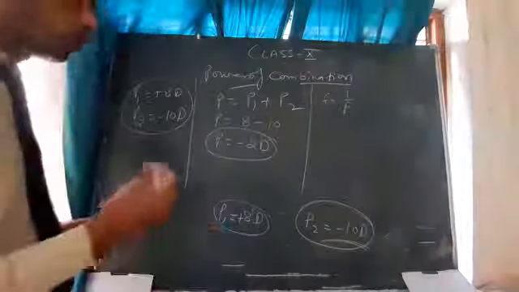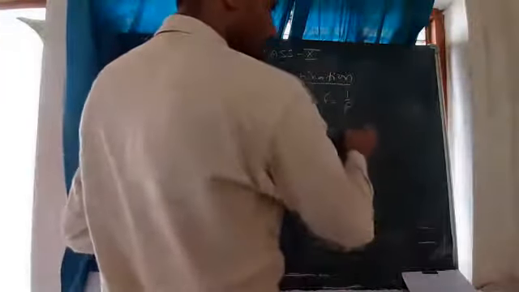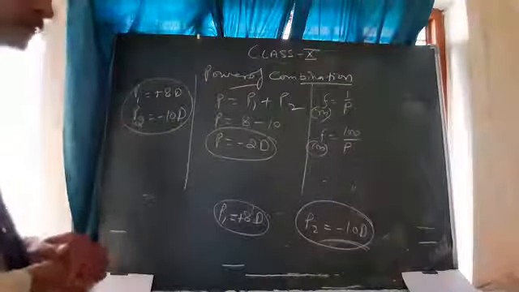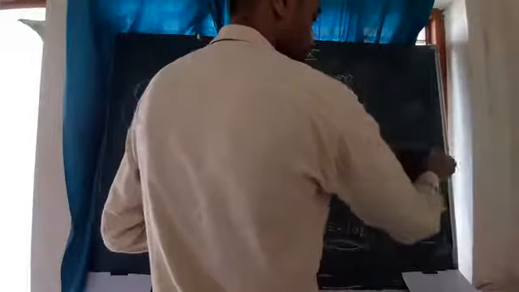This is the power of combination. Now we have to find the focal length. So F equal to 1 upon P, or you can use F equal to 100 upon P. With this formula the value comes in centimeter, and with the other it comes in meter. When 100 is divided by minus 2, we get minus 50 centimeter. So F equal to minus 50 centimeter.